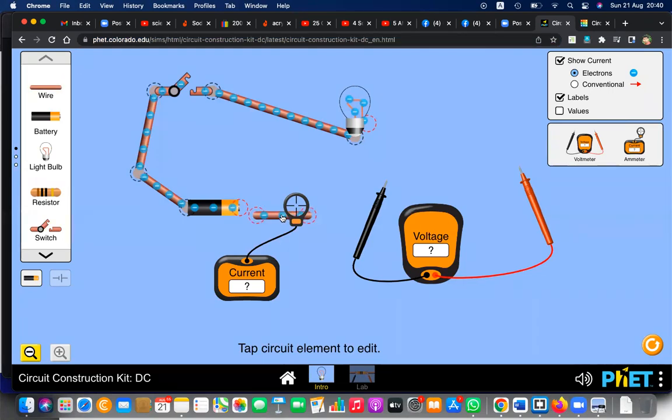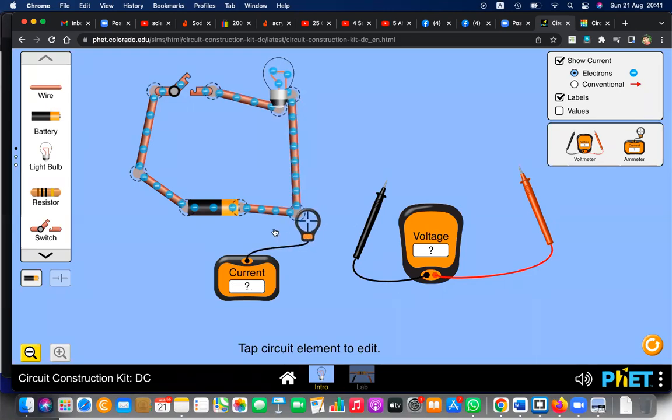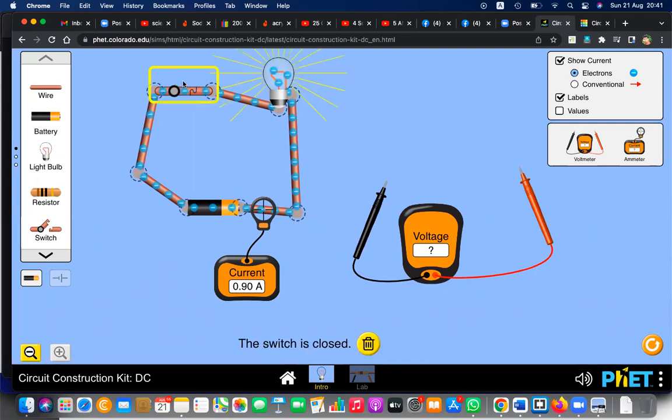Then let's connect this wire to the... okay. Initially amperage is 0 because current is not passing through, but when you turn on the switch, you can see there is amperage, that is 0.9 amperes.